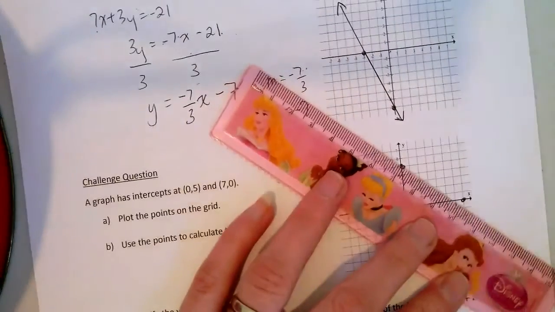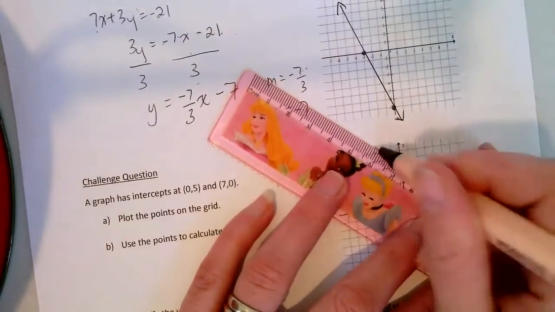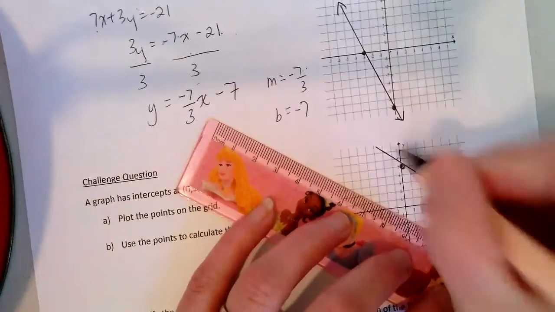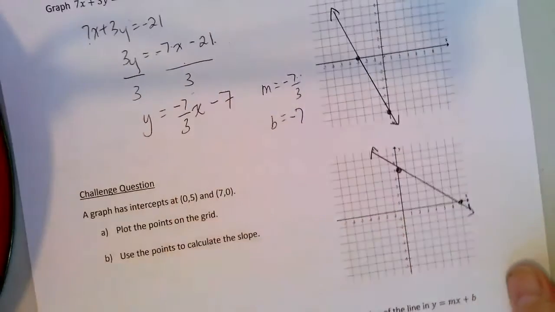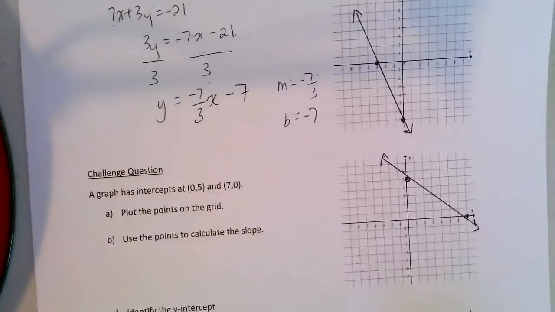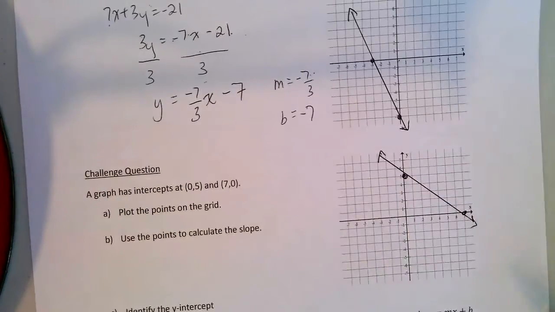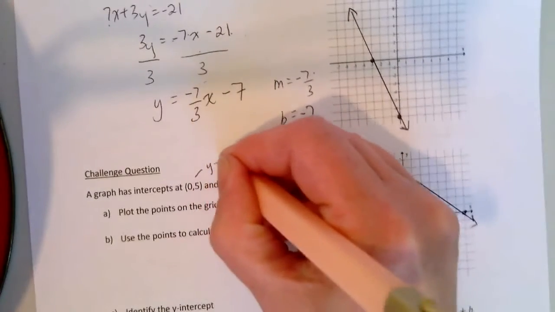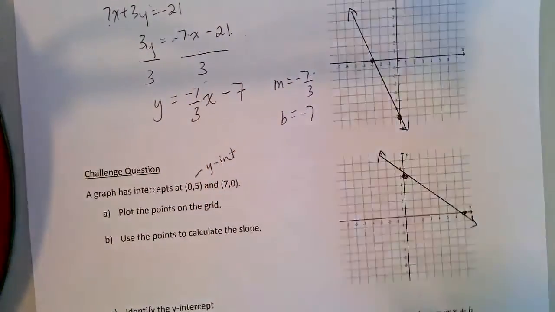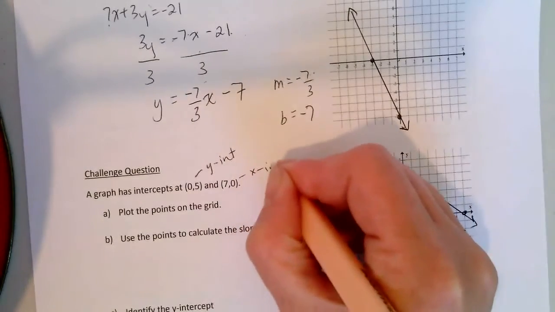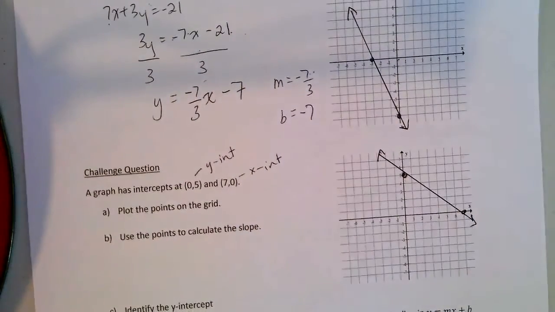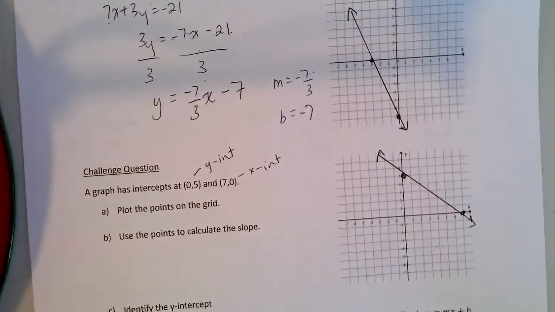So I'm going to guide you through the process. And what we do is we plot the 2 points. We can see that the y-intercept is at positive 5. So this is our y-intercept. This is our x-intercept. And what we want to do is we want to calculate the slope.